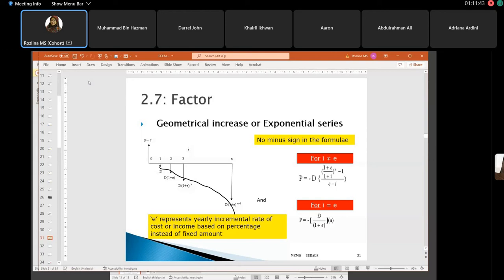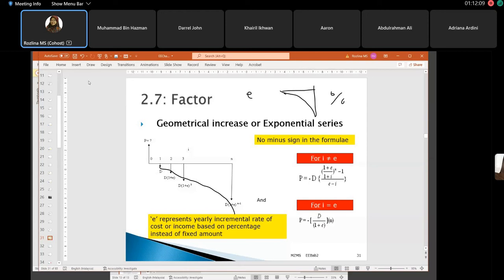You know exponential, right? Okay, you have this one. Exponential, okay, like that. And because it is according to percent. This one is E, whereas before it was G. This one is about E. For G just now, it was a straight line, right? So that is the difference.